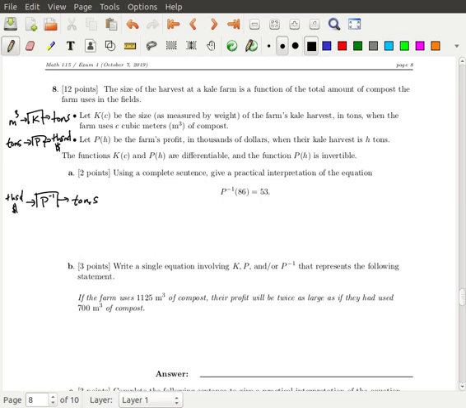Well, if it takes in thousands of dollars, that means we have $86,000. That's what's being plugged in. And we have 53 tons.